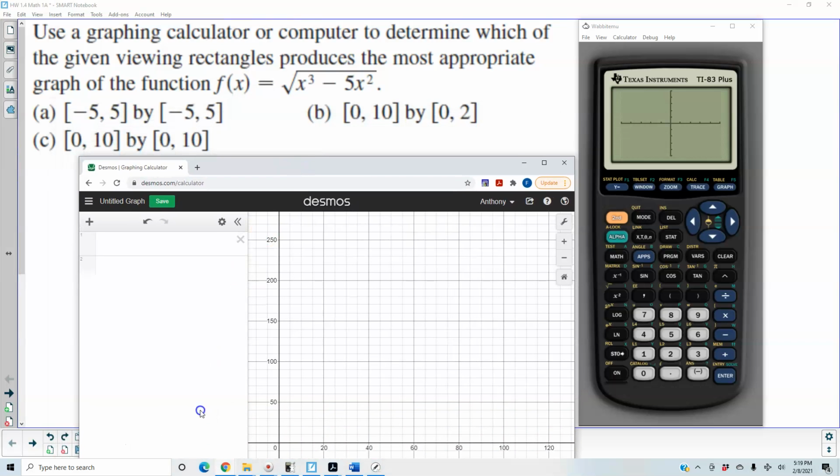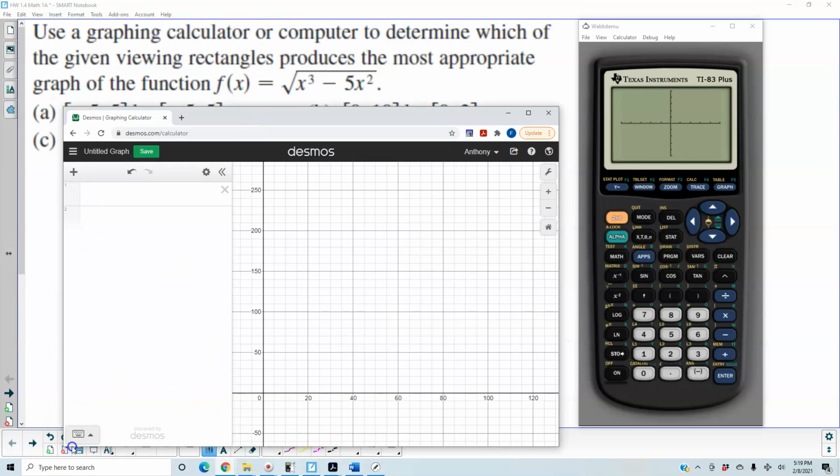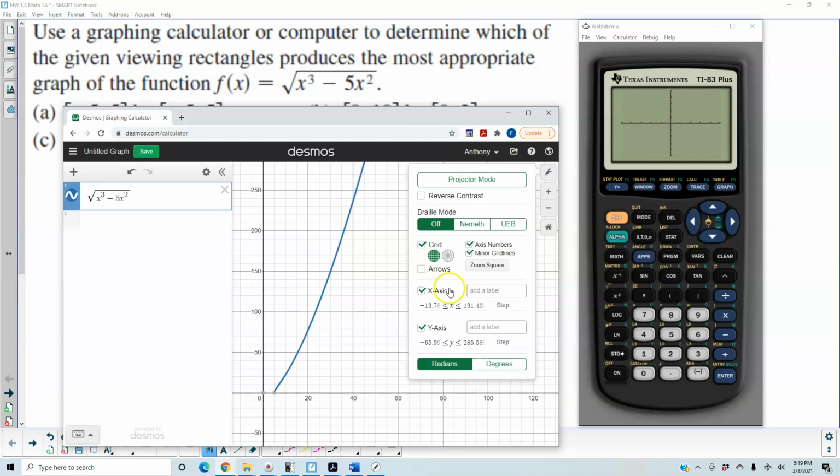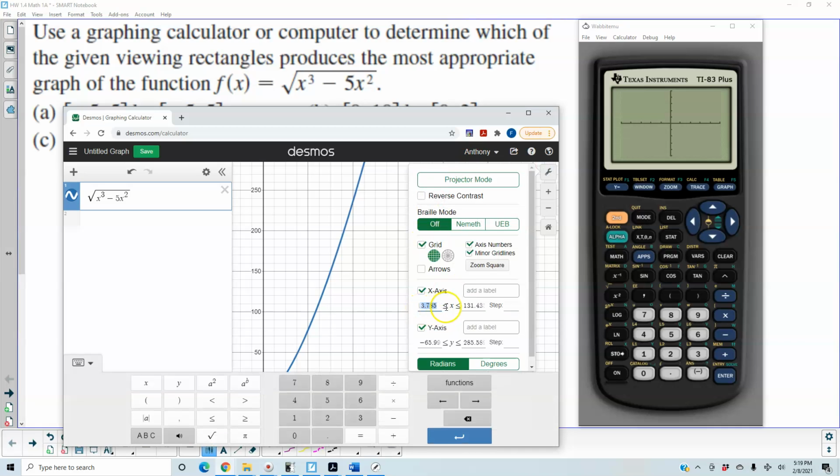Now let's look at what it looks like when we graph using Desmos. So we're going to put in the function, the square root of x cubed minus 5x squared, and let's put in the viewing window like they have there.